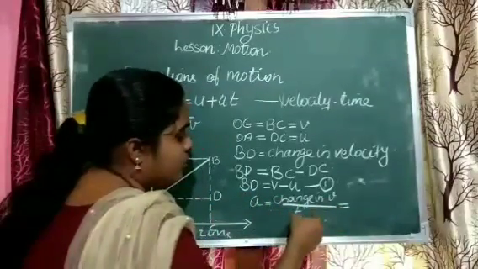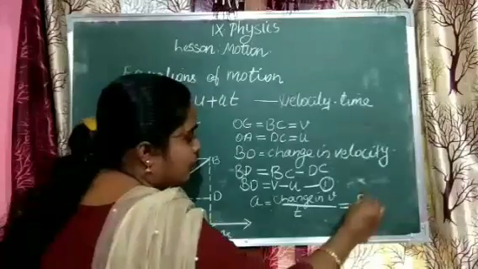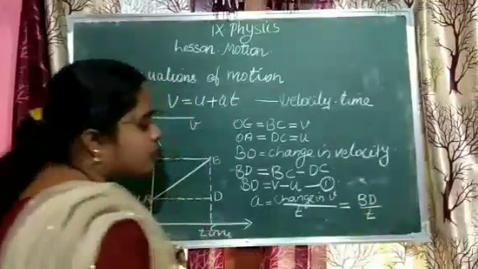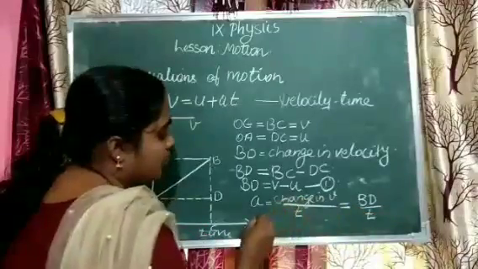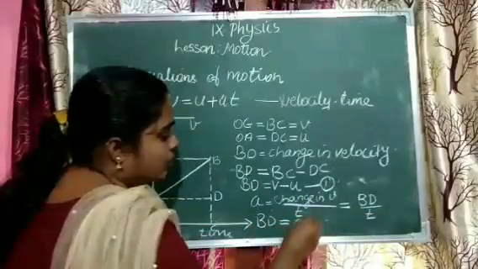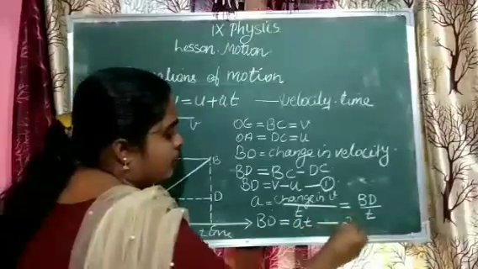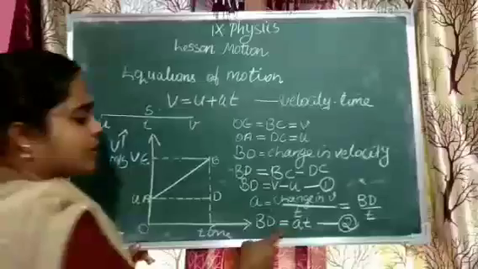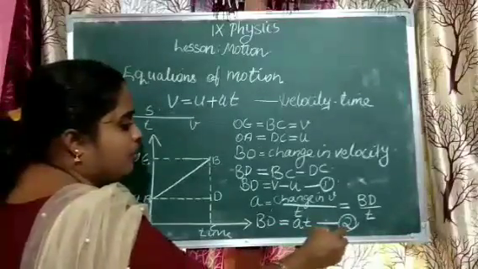So acceleration is equal to BD by T, and from this equation, BD is equal to A into T. This is equation number 2.